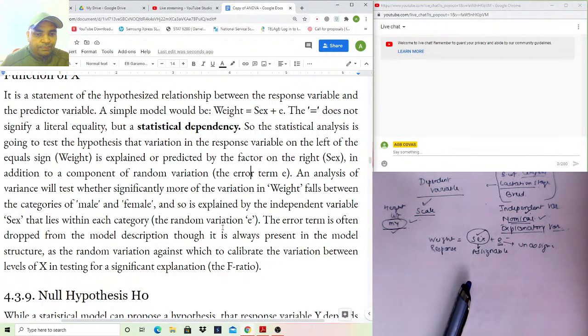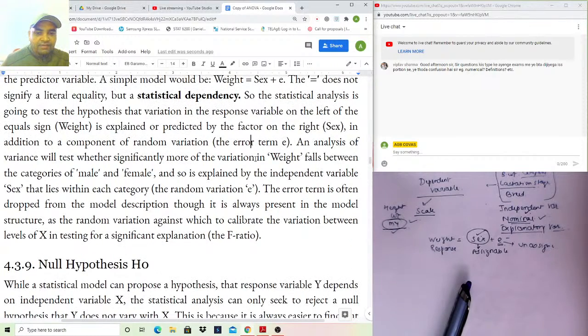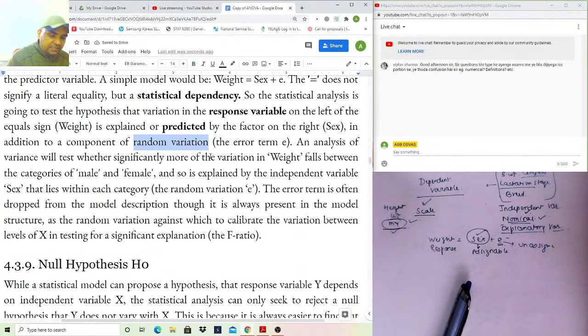So the statistical analysis is going to test the hypothesis that the variation in the response variable on the left of the equal sign, weight, is explained or predicted by the factor on the right, sex, in addition to a component of random variation, error. So there will be your response variable, then there will be the predictor, and there will be random variation, that is e.